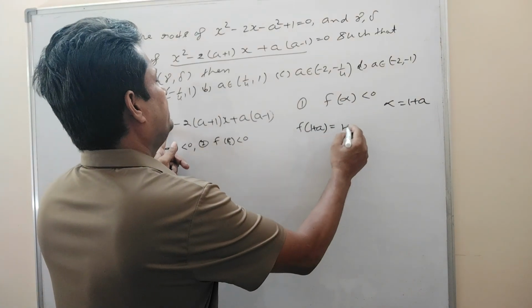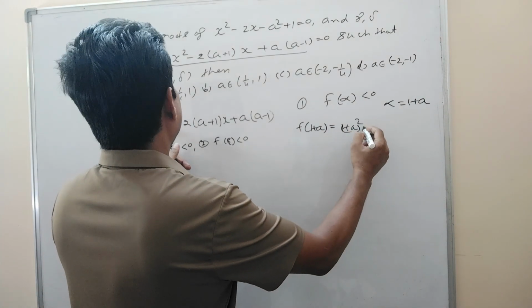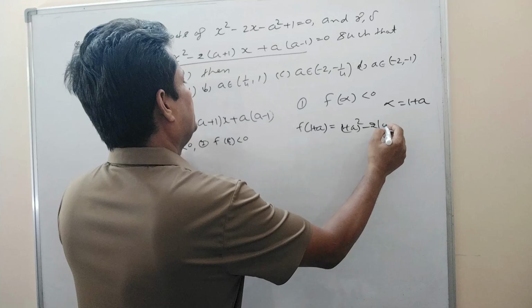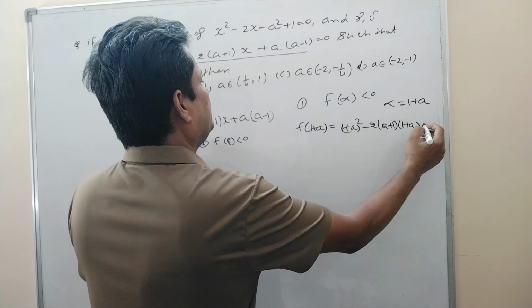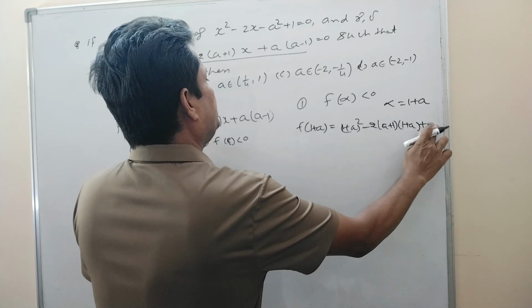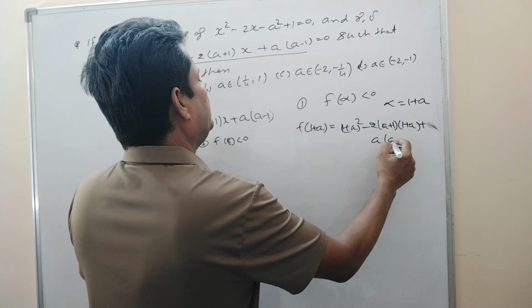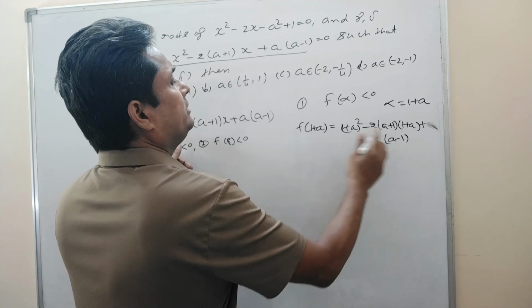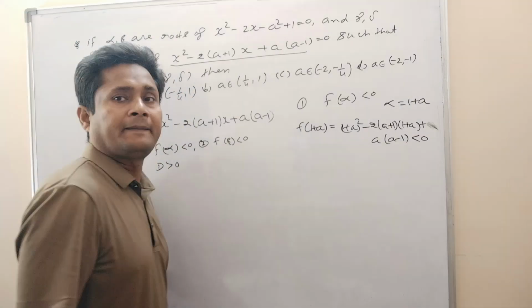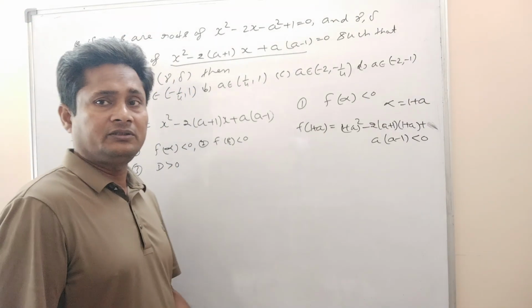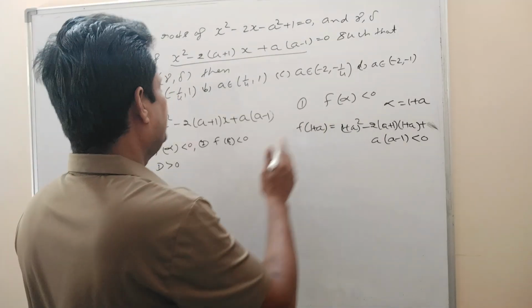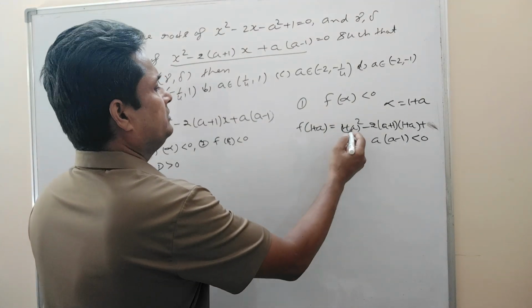So this will be (1 plus a) whole square minus 2 times (a plus 1) into (1 plus a) plus a into (a minus 1). And this will be less than 0, according to the condition f(alpha) less than 0. Now solve this condition. So how will you solve?